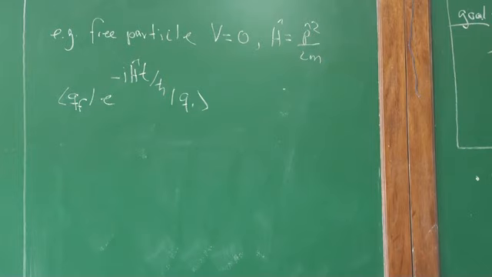But let's just set the initial time to 0 and the final time is then t. And what I have used here, of course, is that I'm considering a Hamiltonian which is time independent. If you have a time dependent Hamiltonian, it's more complicated, so let's restrict first to time independent problems. Then this propagator only depends on the difference in times, final and initial, so let's call it t.